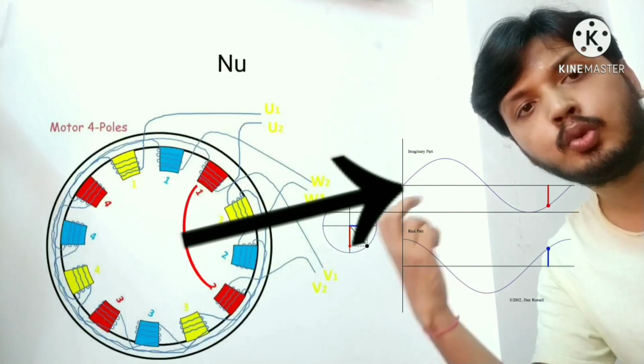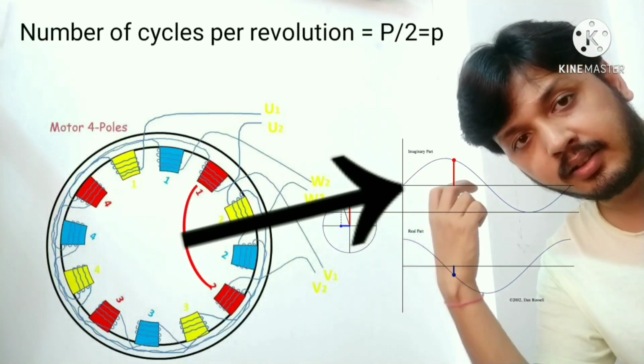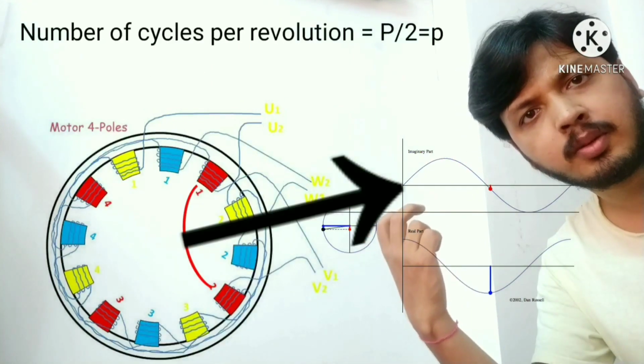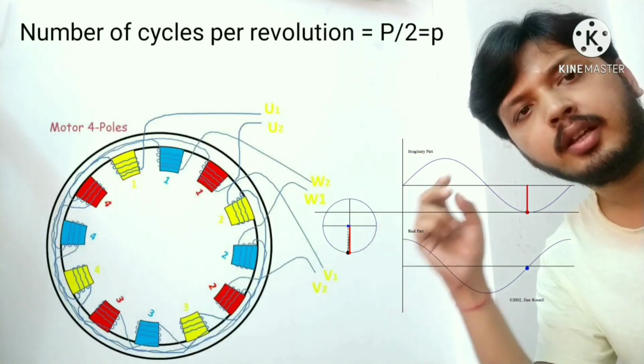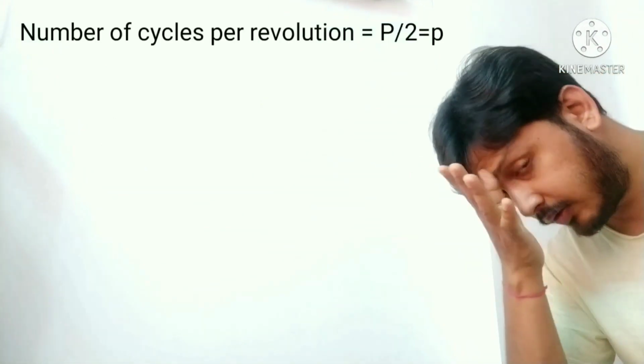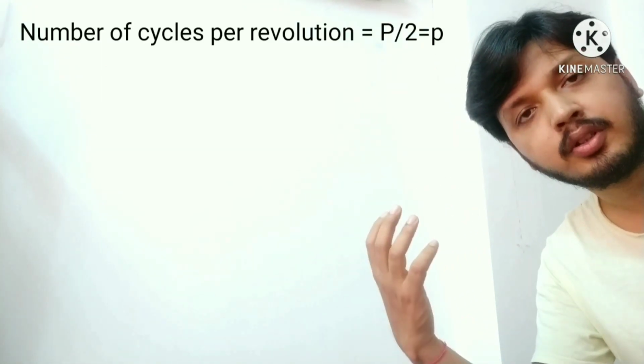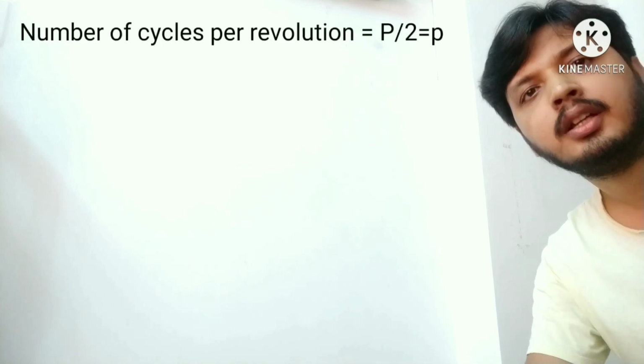So P by 2 pairs of poles are crossed, P by 2 cycles are generated. Every 2 poles will give 1 cycle. So capital P by 2, that means small p, the number of pairs of poles, equals the number of cycles.